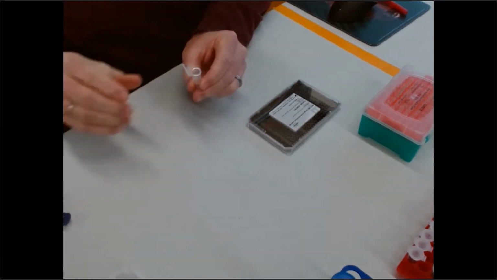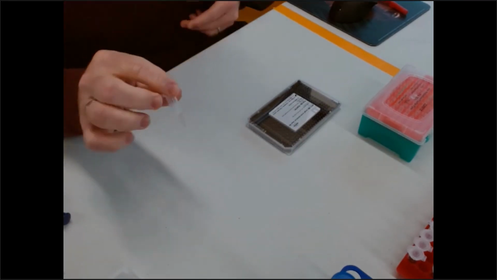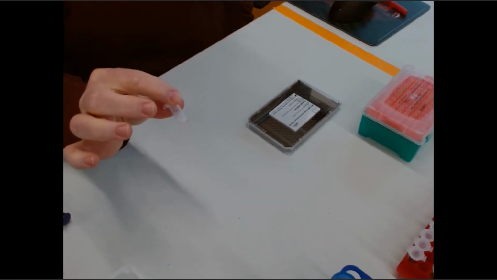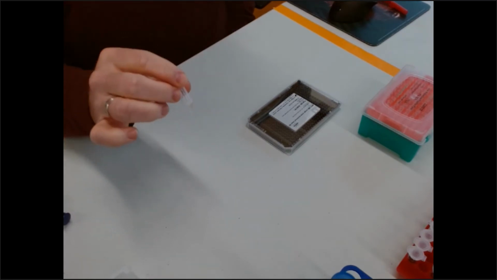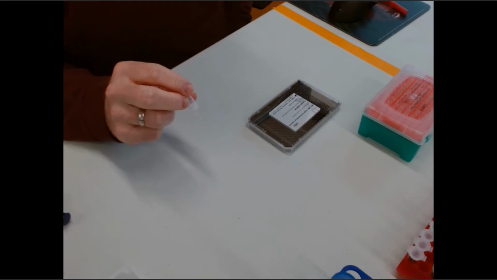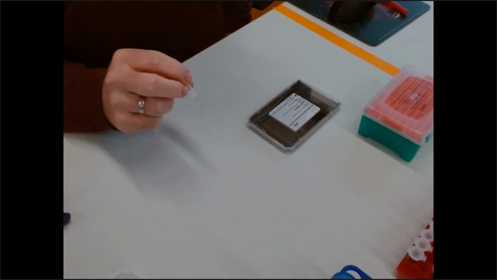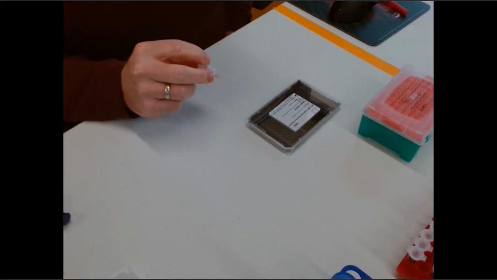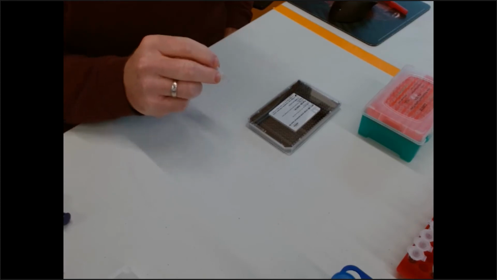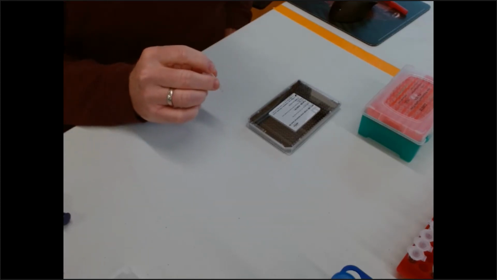That process has now removed the naturally abundant sodium and potassium from this sample. And we've done something very similar with the matrix. So the matrix we're using is DHB, and so we've also deionized our DHB.